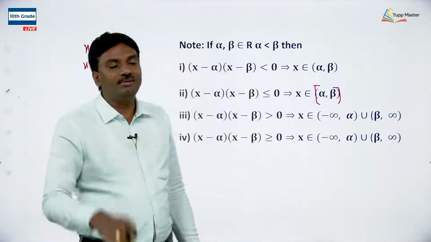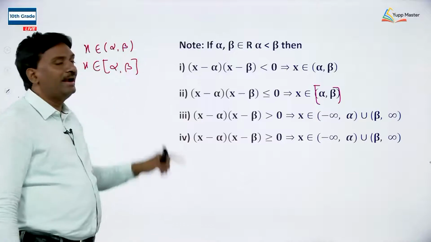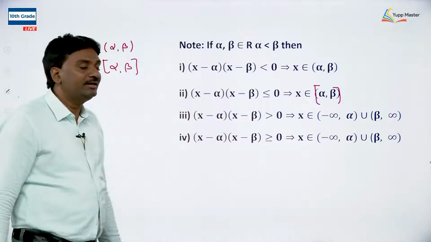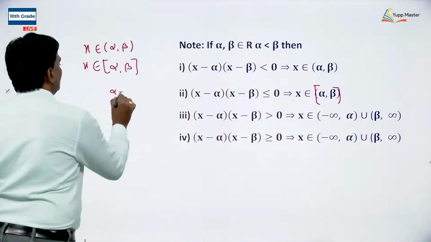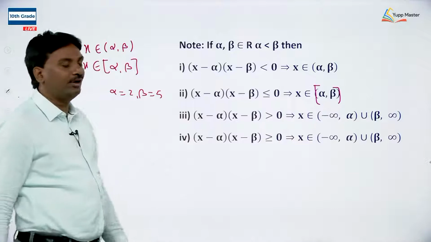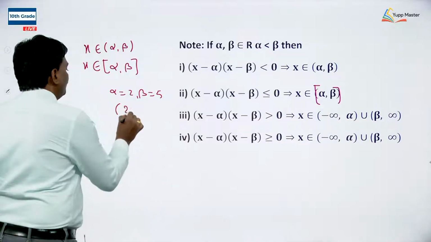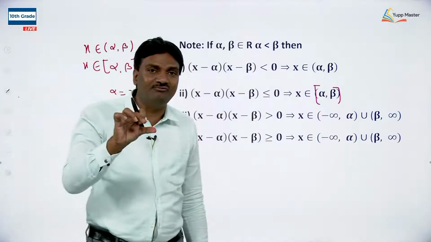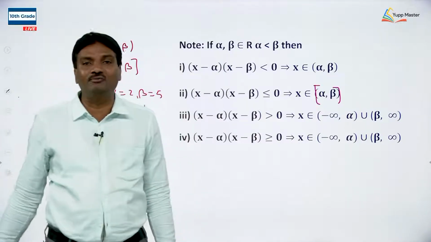What is the difference between the curved bracket and the square bracket? Suppose alpha equals 2 and beta equals 5. The meaning of open bracket (2, 5) is that we have to consider the values between 2 and 5 only.